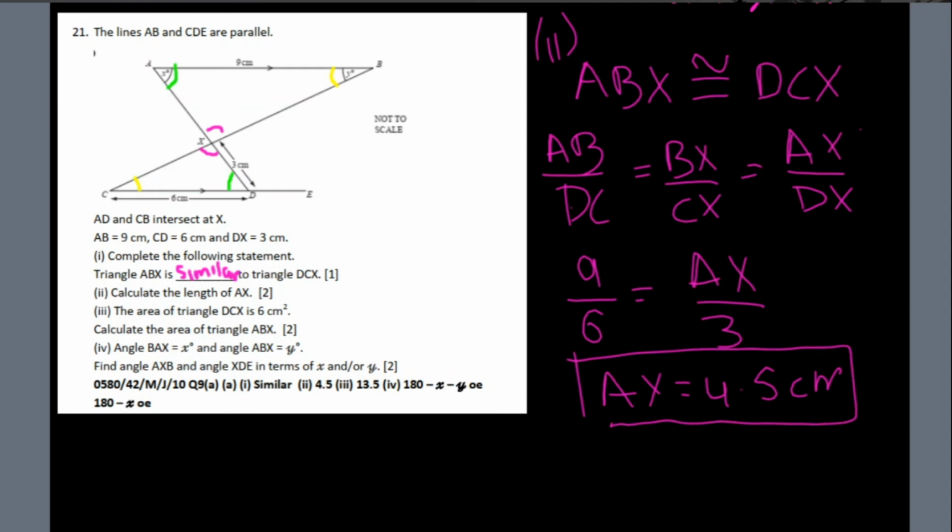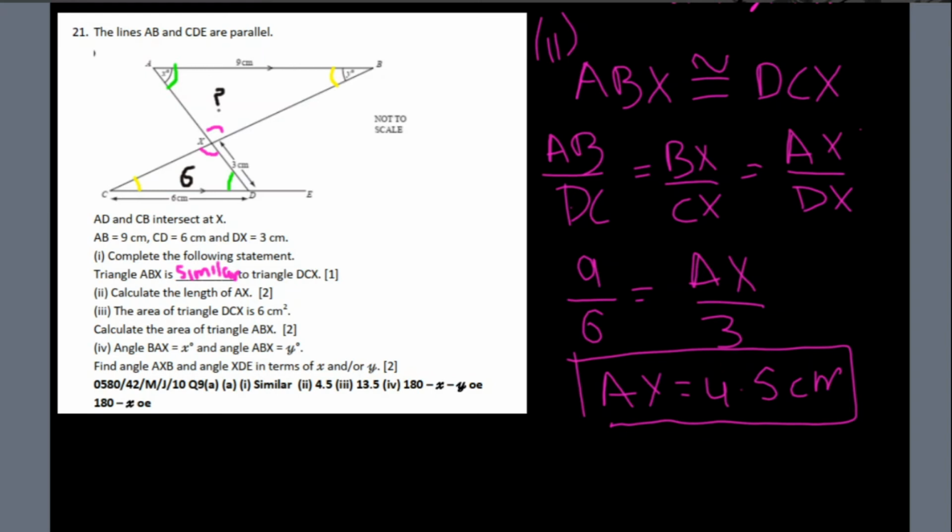Part 3, the area of DCX is 6. So area of this is 6 centimeter square. Calculate the area of ABX. So we need this area. Let's use A1 over A2 equals L1 over L2 whole square.